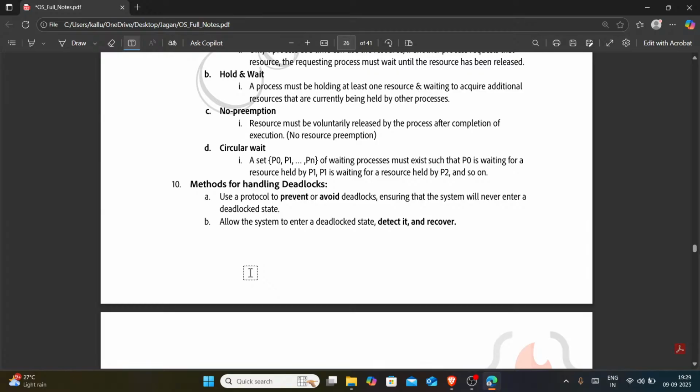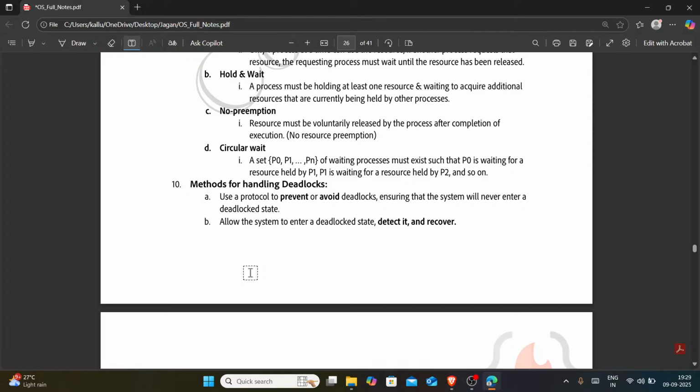Preventing means making sure that the deadlock will never happen. Avoidance means it may happen, but we have to deal with it, ensuring that the system will never enter a deadlock state.